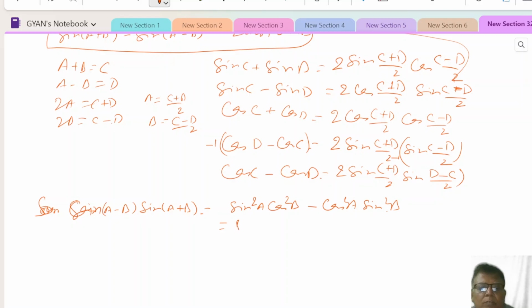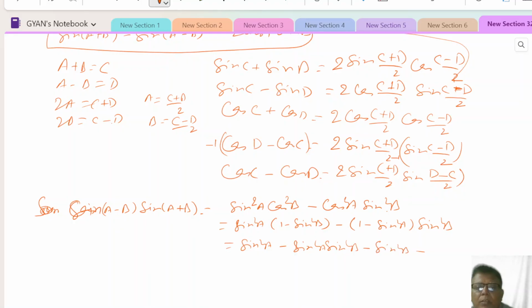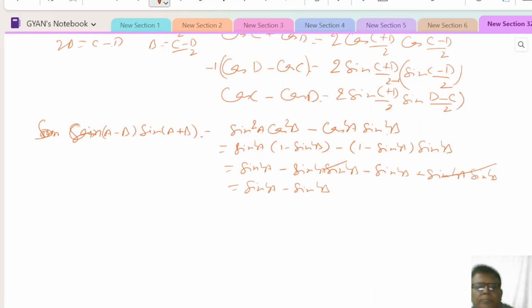Now you convert into only one thing. So sine square A into (1 minus sine square B) minus (1 minus sine square A) into sine square B. So that is sine square A minus sine square A into sine square B minus sine square B plus sine square A into sine square B. This gets cancelled, so this will be sine square A minus sine square B. You convert into 1 minus cos square A and minus (1 minus cos square B).